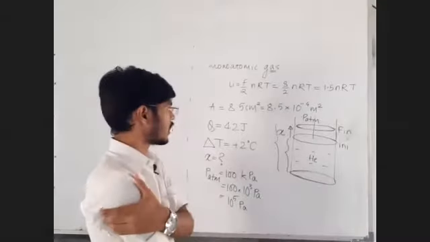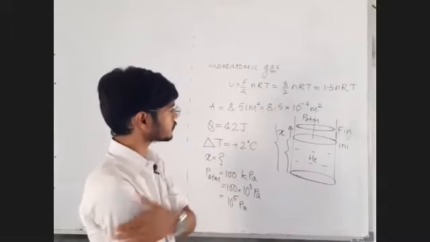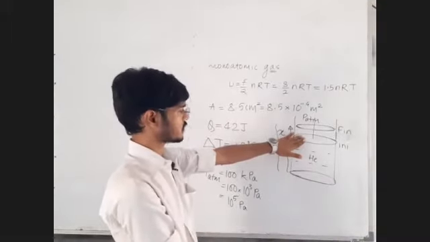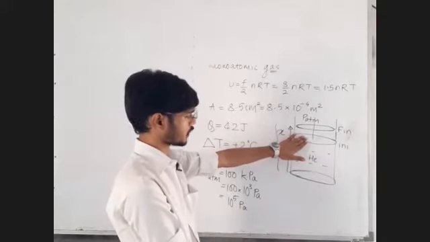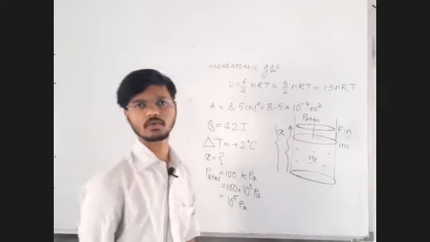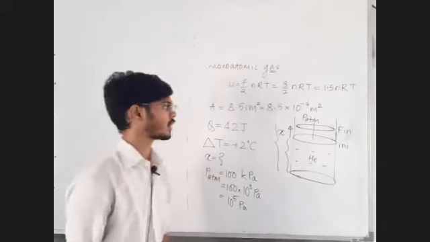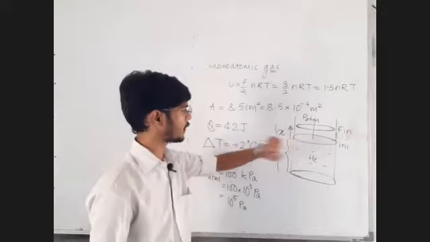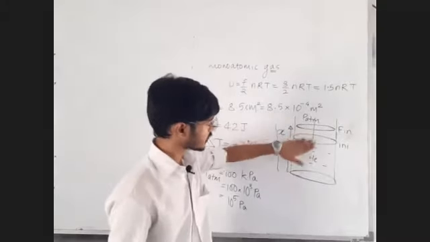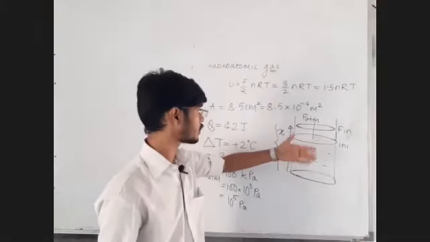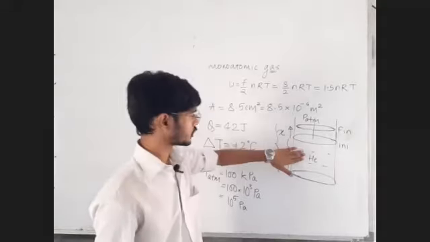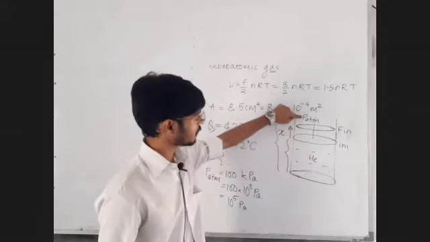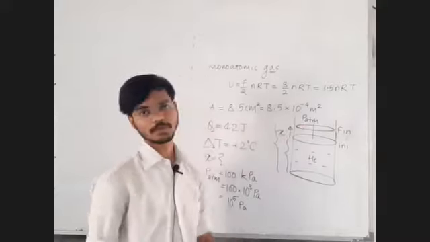Now we identify here that the piston is a light piston. No data about the mass of the piston is given to us, so we will assume that the piston is light and has no weight. So the pressure on the gas, which will be equal to the pressure of the gas also, equals atmospheric pressure plus pressure due to the piston.